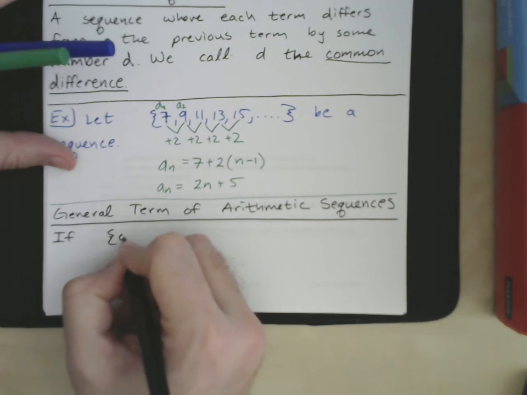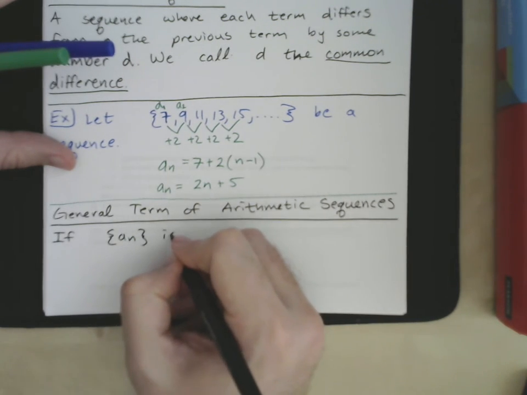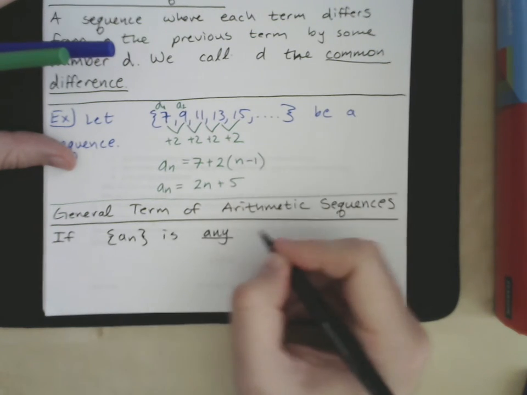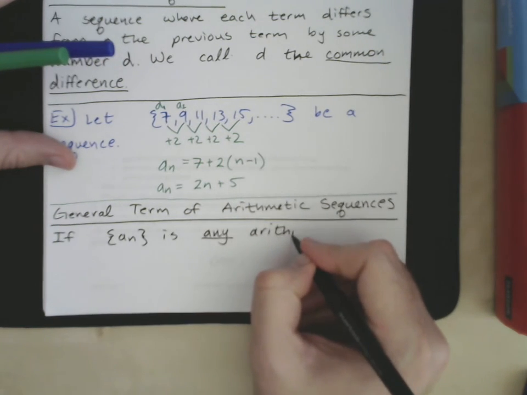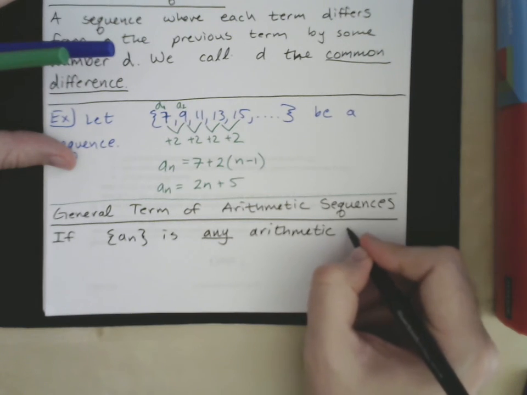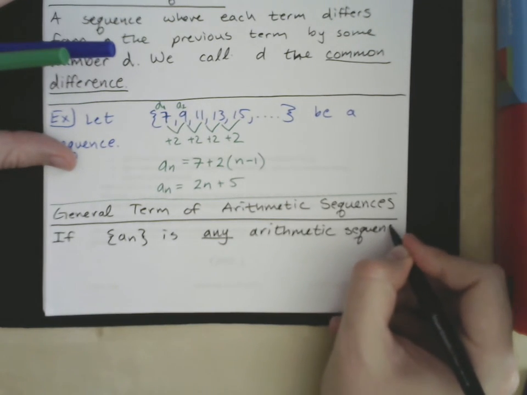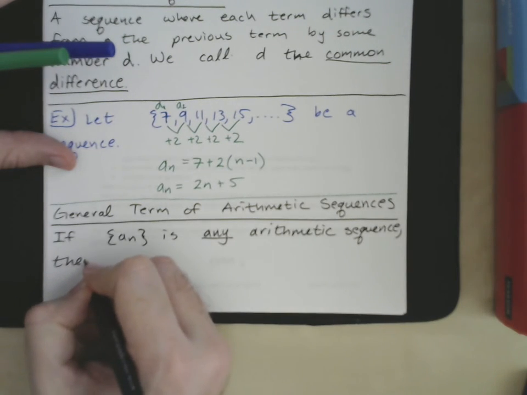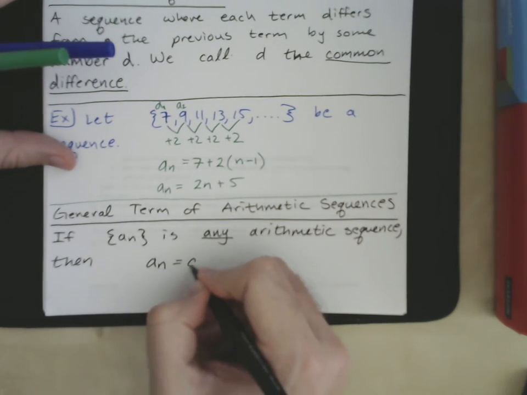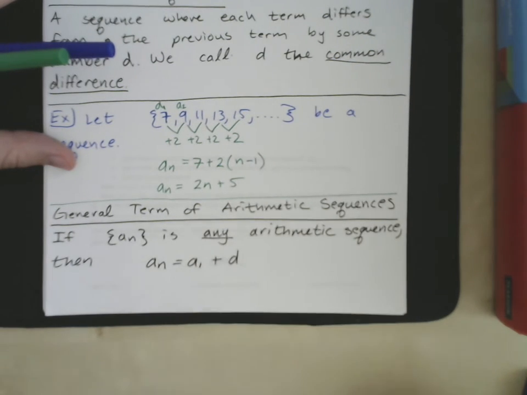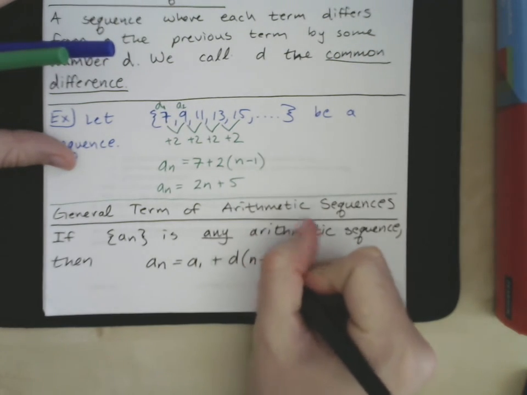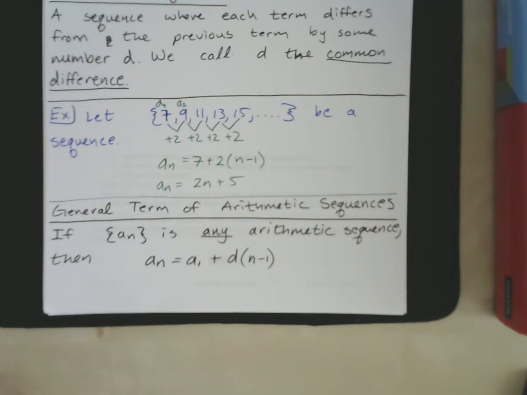If a sub n is any arithmetic sequence, that's the important part here, then a sub n equals the first term plus that common difference d times n minus 1. And this is always going to be true, which is really nice for us because it means that we don't have to think too hard about what the general term is. If it's an arithmetic sequence, we follow this pattern.